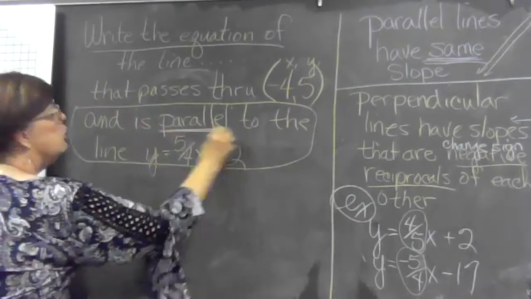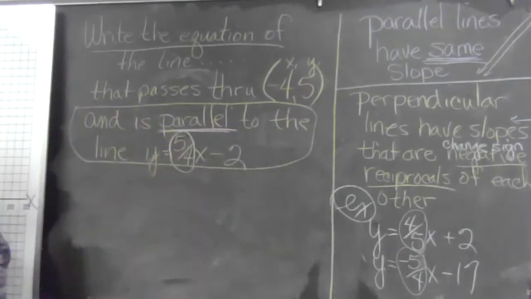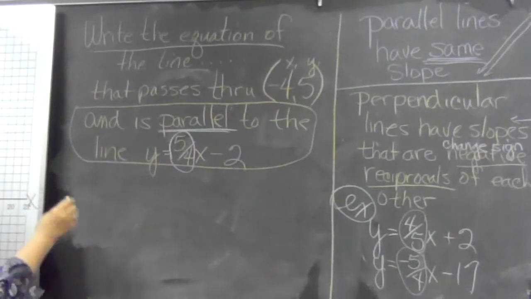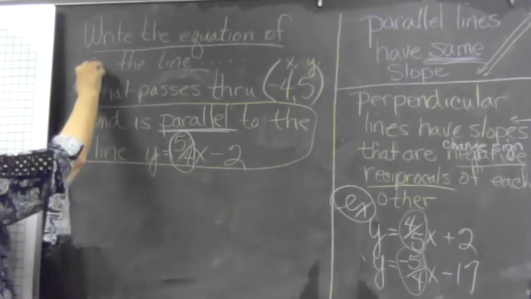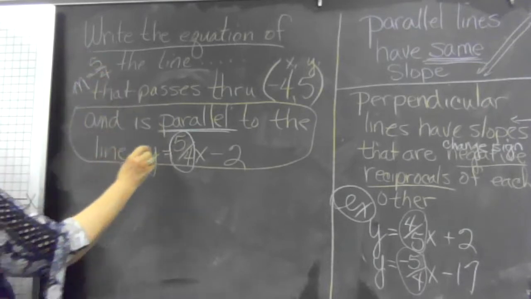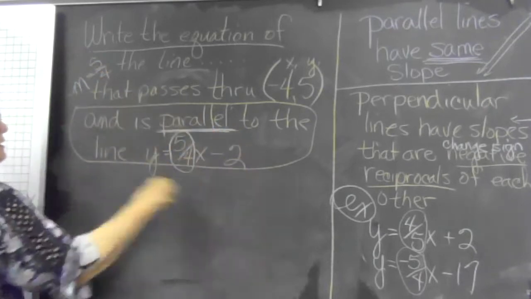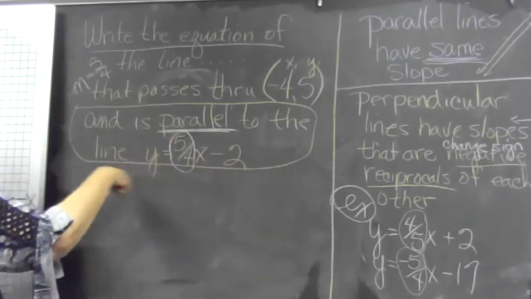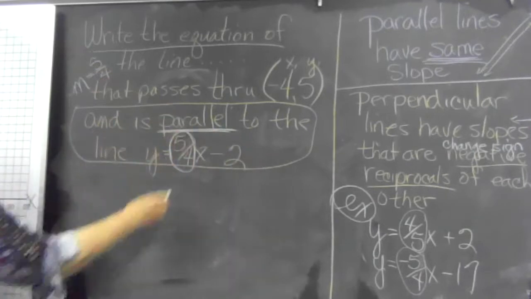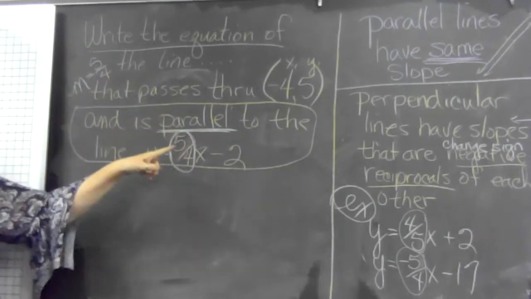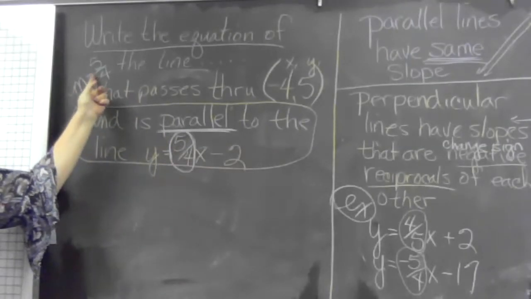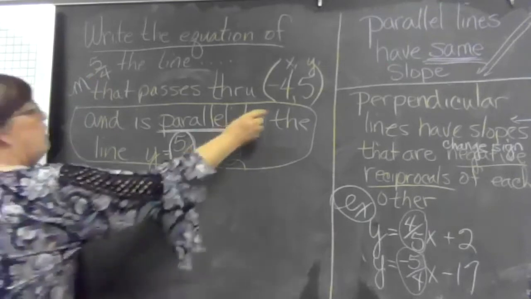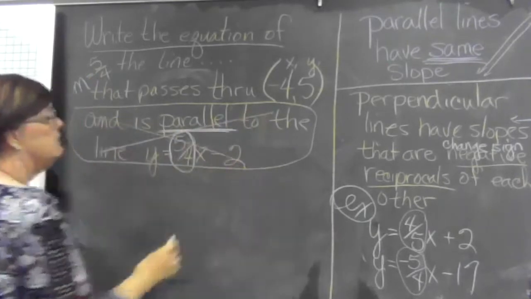Parallel slopes are the same. So up here, I'm going to say the slope that I'm going to use in the equation is 5/4 because it says parallel to this line. I don't need any of that other stuff. I need this. And a parallel slope is the same. So that's all that I need out of this part of the equation.